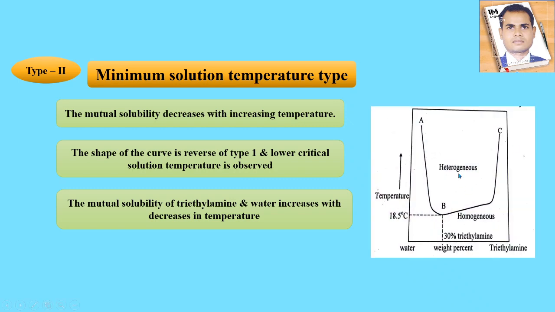In the diagram, temperature is on the y-axis and weight percent on the x-axis. If you take a mixture of water and triethylamine at a low temperature, that is 18.5 degrees Celsius, it becomes homogeneous, so the two are soluble at this temperature.